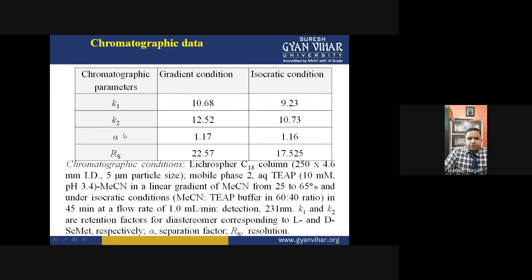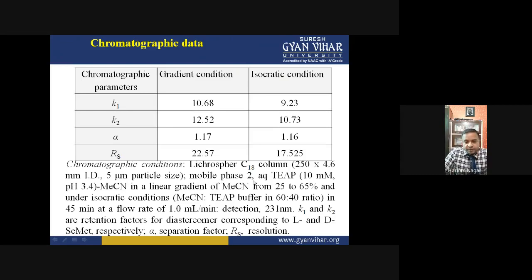After the synthesis of diastereomers, these were put for separation in the reverse phase column. The column used for separation of the diastereomers of this selenomethionine enantiomer was a liquid chromatography column of dimension 250 multiplied by 4.6 mm ID, with 5 micrometer particle size, okay?